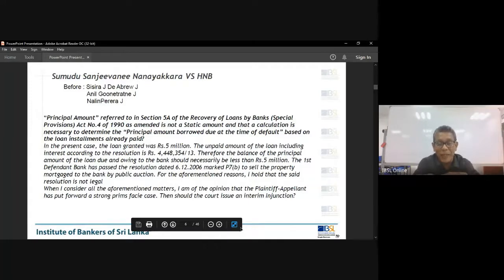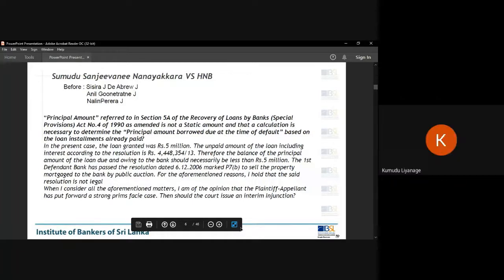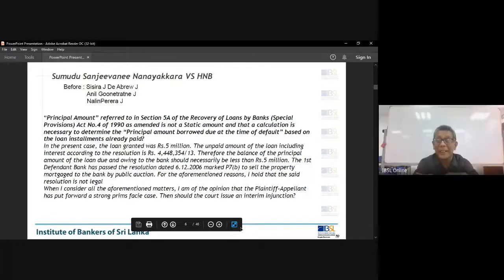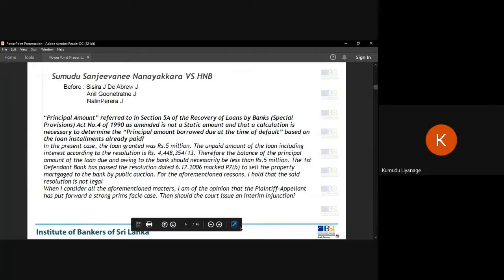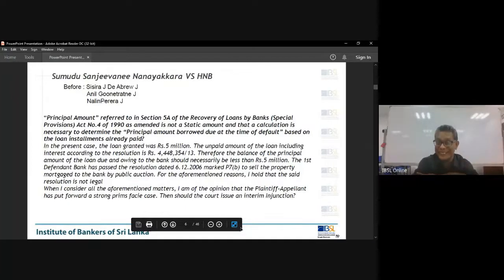So therefore, all banks are having some problem executing Parate at the moment. It should be more than 5 million at the time you are taking the action; the capital, the principal amount, should be more than 5 million. That is the decision.